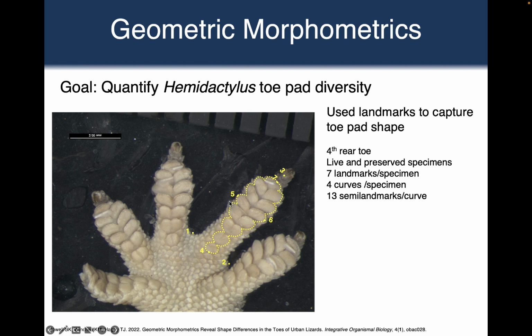Then we used curves to connect landmark 4 and 5, 5 and 6, 4 and 5, 5 and 7, 7 and 6, and 6 back to 4 to, in essence, outline the adhesive part of the toe. Each of those curves was comprised of 13 semi-landmarks. So we use this set of landmarks to quantify toe pad shape and toe shape across all the species we were focused on. And we had 1 image per species.